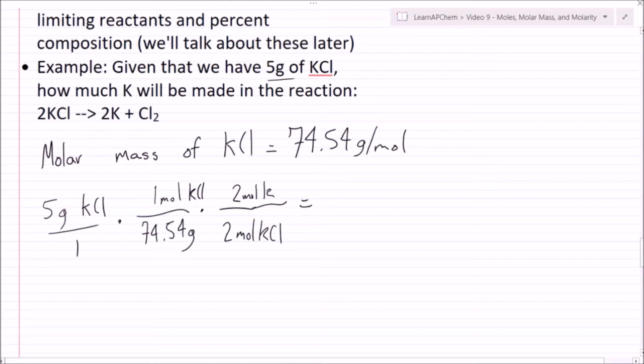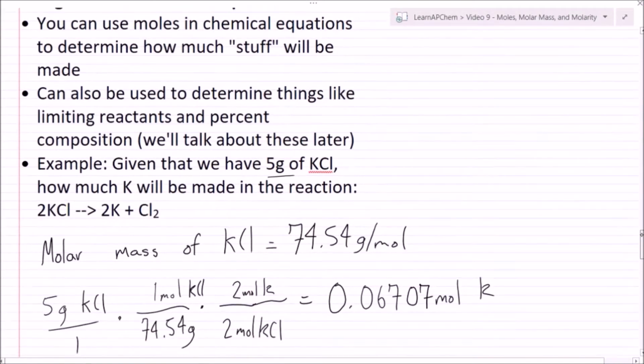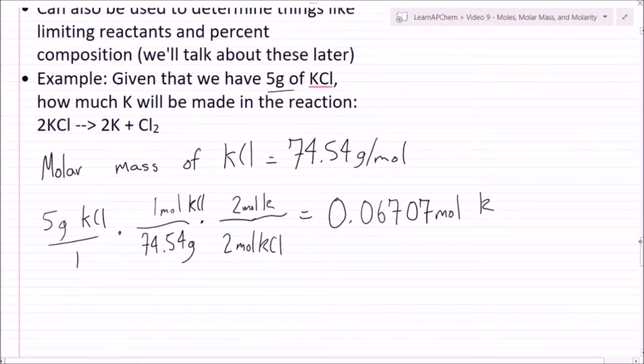And then all I have to do is multiply this through. So 5 over 74.54 times 1 gives 0.06707 moles of K. Now if I go back up to the problem, I'm asking how much K will be made in the reaction. So I'll assume that I want this in grams.